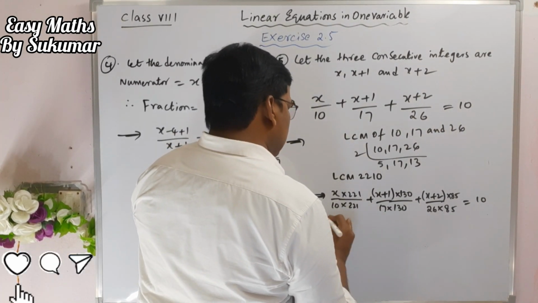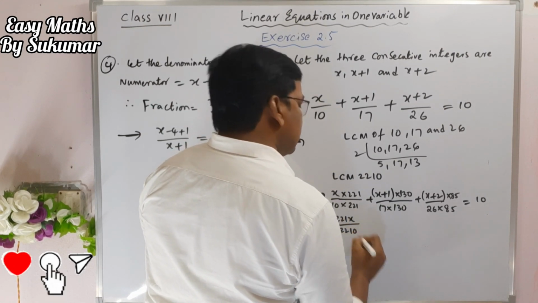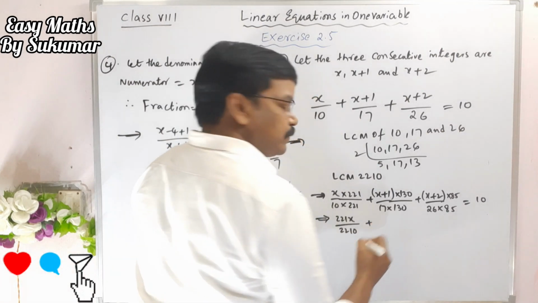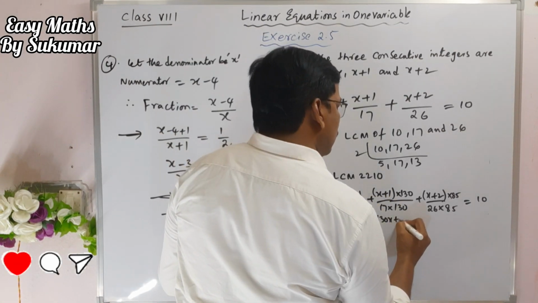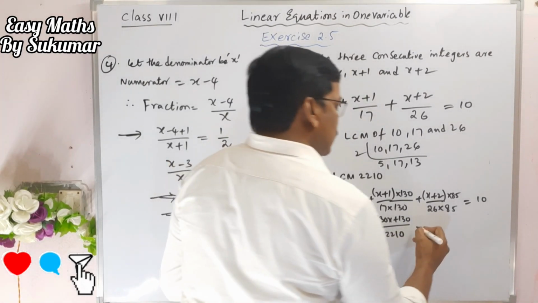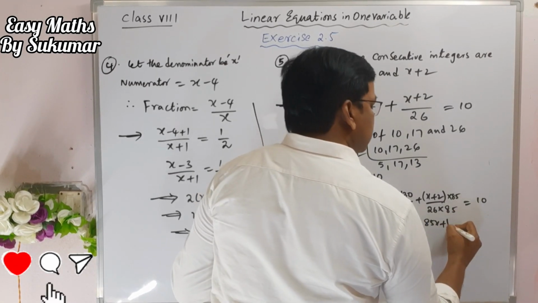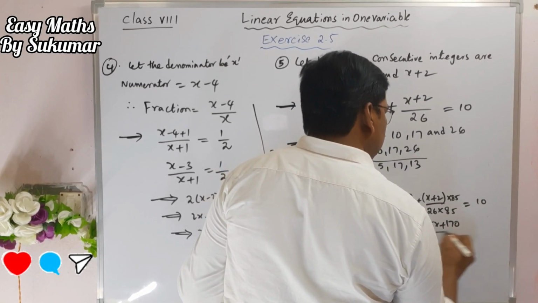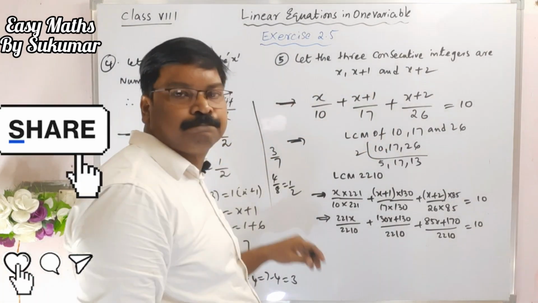Now this implies 221x by 2210 plus 130x plus 130 by 2210 plus 85x plus 170 by 2210 is equal to 10.